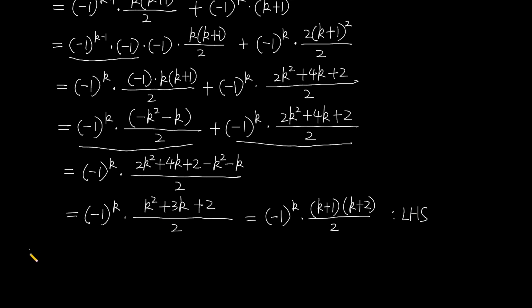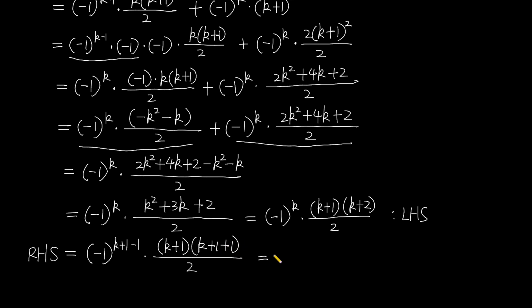Now let's check the right hand side. The right hand side, because we just use p plus 1 to replace the n in the original term. So it is -1 to the power of p plus 1 minus 1 multiply 2, then it's p plus 1 multiply p plus 1 plus 1.